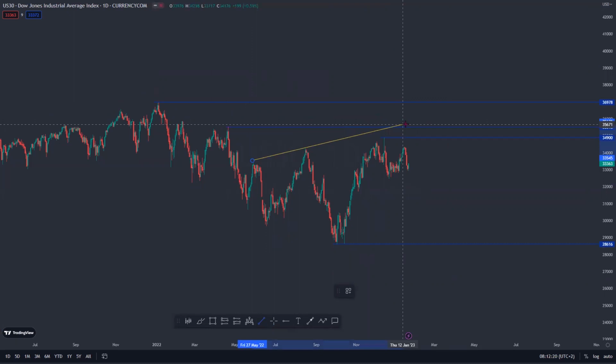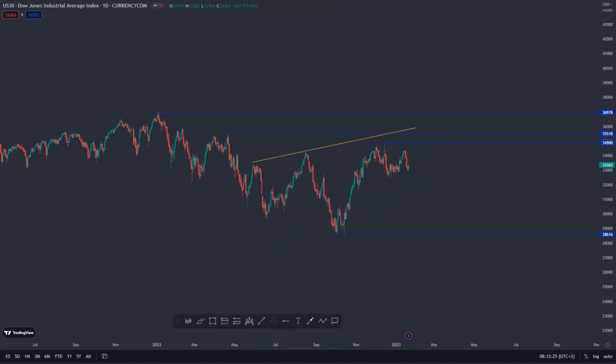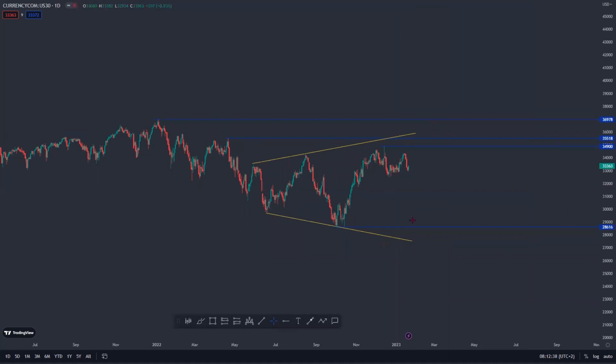So remember guys, what you have to know again is indices move slightly different from currency pairs. Not every time will the indices go alongside the currency pairs. You get it?